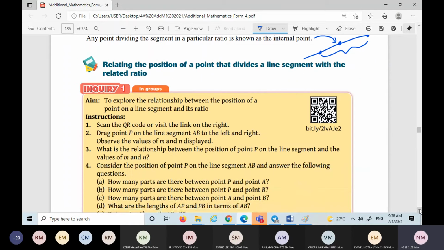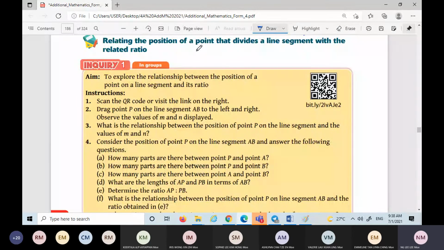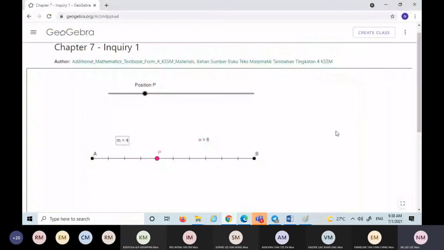Next we want to see relating the position of a point that divides a line segment with the related ratio. We look at this link. Here you have a line segment AB. P is the internal point that divides AB into 2 parts. Now if I move the position of P, you can see M and N are changing.